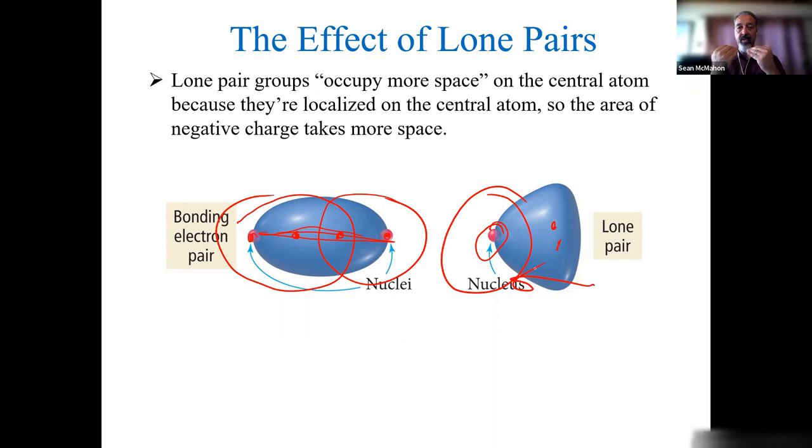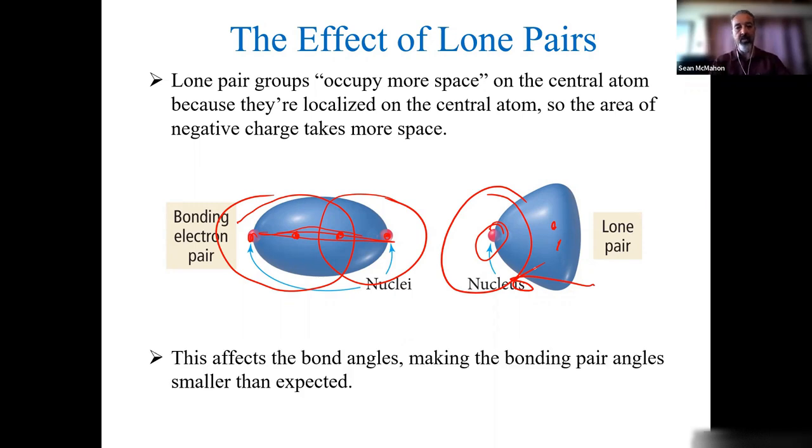So what happens is the electrons are pulled closer to that central atom rather than spread over 2 atoms. Now, what does that mean? Well, they actually distort the bond angles and make them smaller than what you would expect. So what do I mean? Let's say I have 3 things attached, 3 atoms. However, if one of them is not an atom and it's actually a lone pair, instead of being spread over 2 atoms, the central atom and an exterior, now those 2 electrons are not being spread and they're concentrated over the central atom.